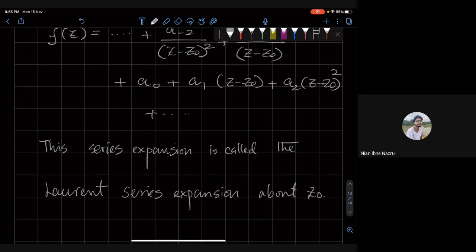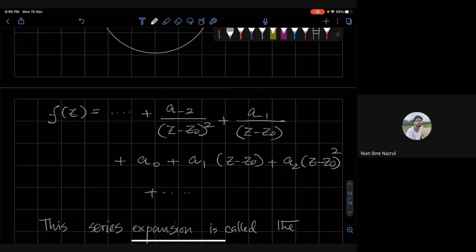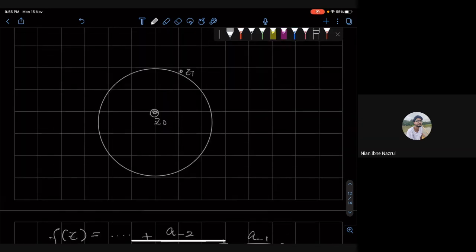Okay, so this expansion is only valid between z naught and the next singularity, in an annular region bounded by z naught and the next singularity. If the function has only one singularity, say at z naught, then it's valid over all of the complex plane except at z naught.